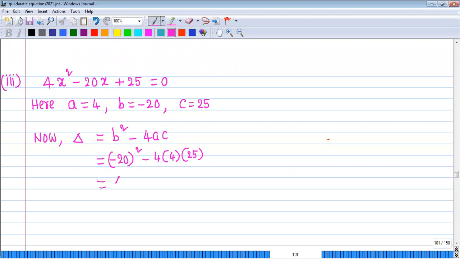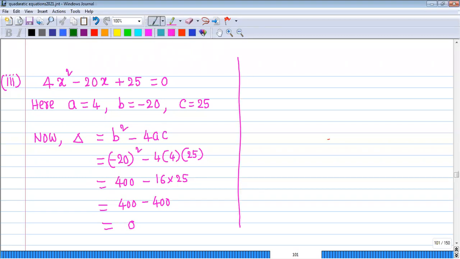This is 400 minus 16 times 25. So 16 into 20 plus 5, right? 16 into 20 is how much? 320. Plus 80, that is 400 only. So you will be getting 0.